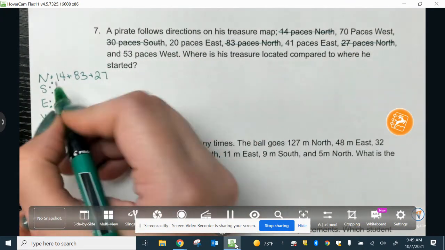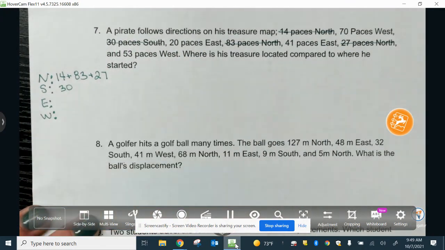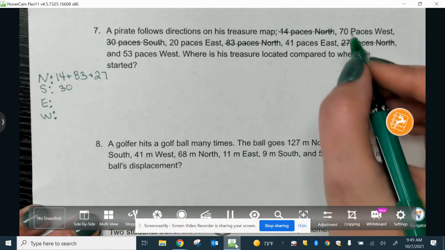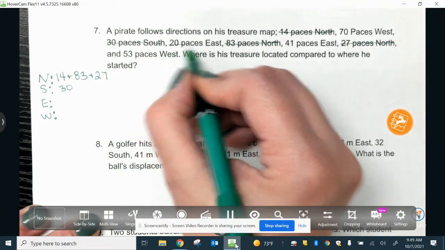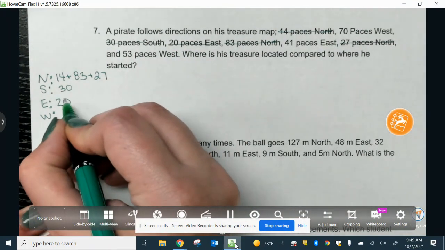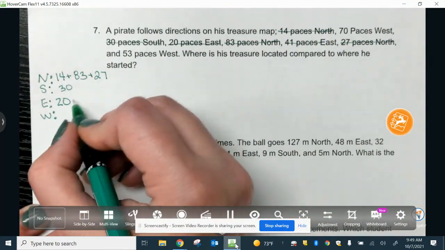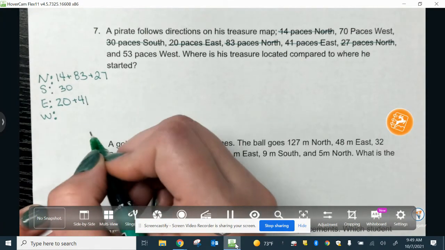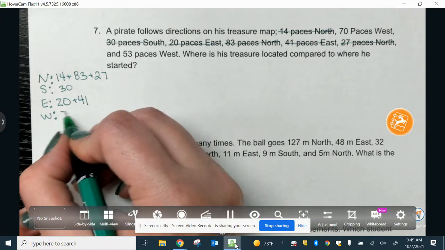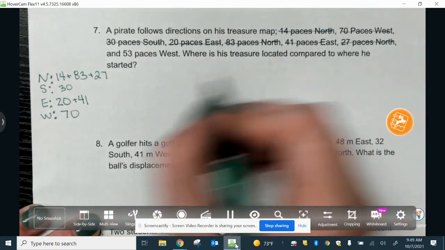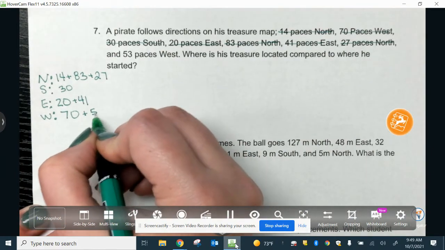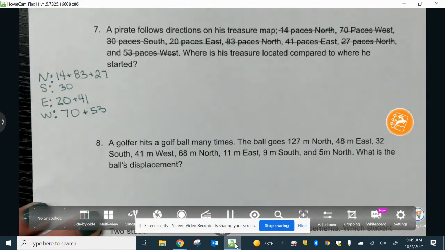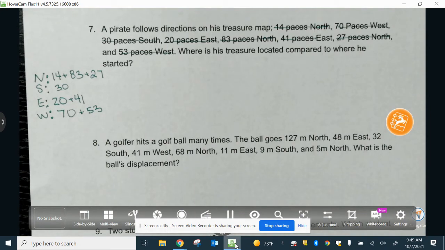South, 30 paces. East, we have 20 plus 41. And west, we had 70 plus 53. Okay, I'm crossing them out as I go through it so that I know I've used them.